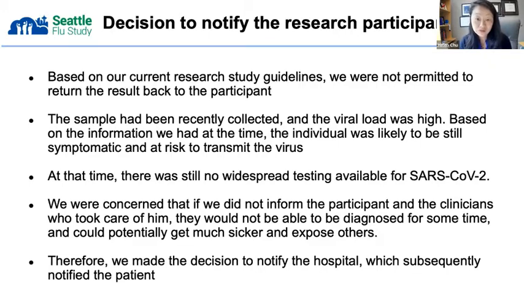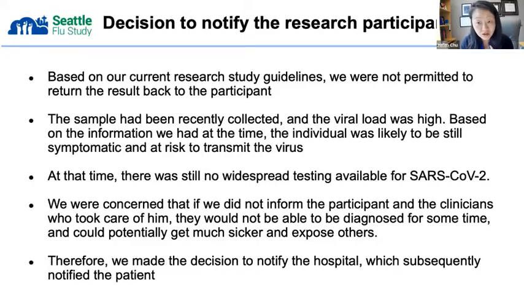So it had just been recently collected, and the viral load was very, very high. Based on the information that we had at the time, which was still very early in the pandemic, we felt that the individual was still likely to be symptomatic and at risk to transmit the virus. And we were pretty concerned that if we didn't inform the participant and the clinicians, then that person potentially would not have been able to be diagnosed for some time.